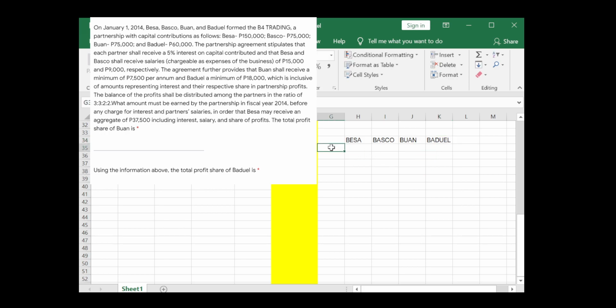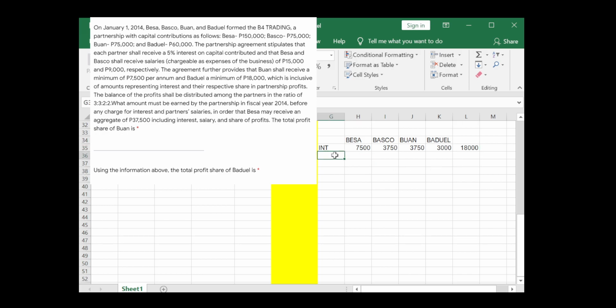And then, meron silang interest based sa kanilang capital contribution, which is 5%. So, kayo na bahala mag-solve. Basta yung 5% niyan for Besa is 7.5. For Basco is 3,750. Again, 5% lang ng kanilang capital contributions. So, the same naman tong dalawa. And then, for Badwell is 3,000. Okay, so, add lang natin lahat yan. Ibig sabihin yung total interest ng mga partners is 18,000.